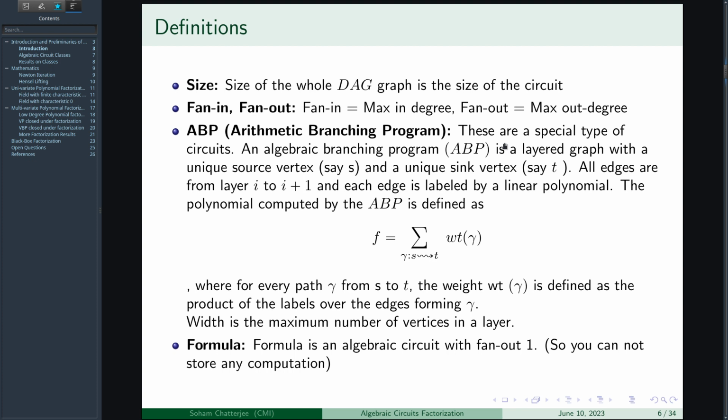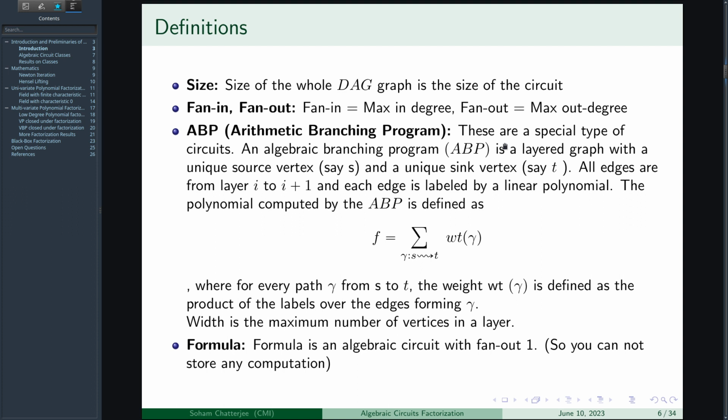Now we will talk about two models of algebraic circuits. First is the ABP. Here we have a source vertex and a final vertex, and you take every possible path. Every possible path gives a polynomial, and you then sum over all such paths. How do you evaluate every possible path?